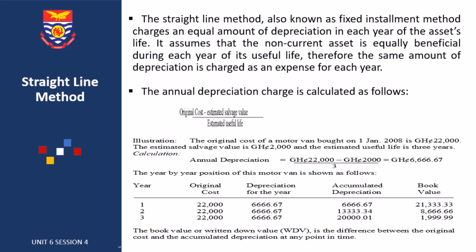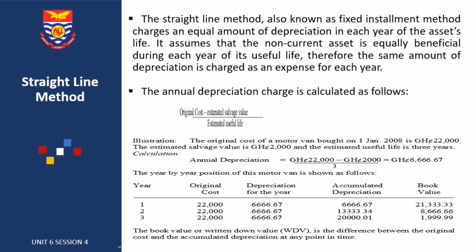Then the net book value. The net book value is computed as the original cost minus the accumulated depreciation. That is what will give us the net book value. So for year 1, the net book value will be 22,000 minus the depreciation, 6,666.67.